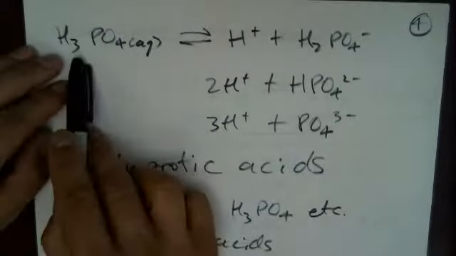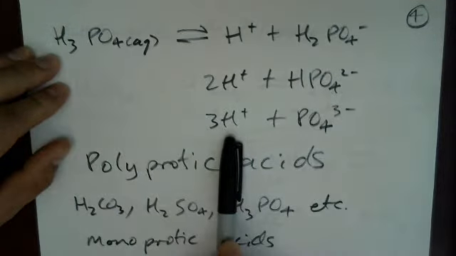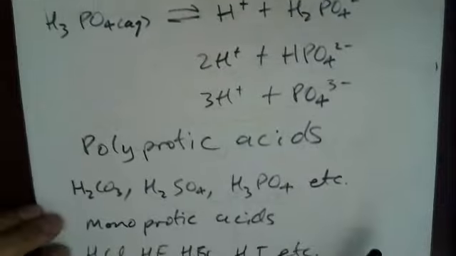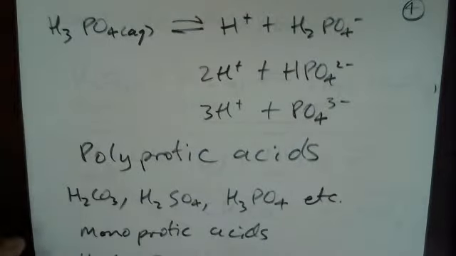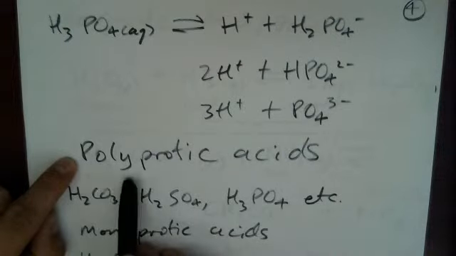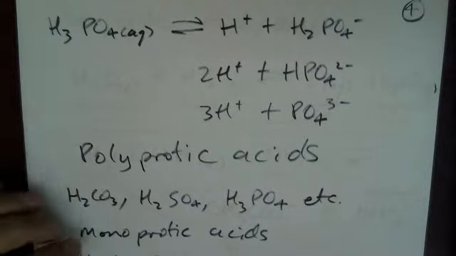So phosphoric acid, the same deal. It can lose up to 3 protons. Now, when you have an acid that can lose more than 1 proton, it's called polyprotic. Poly just means multiple, and so polyprotic means that you can lose multiple protons.